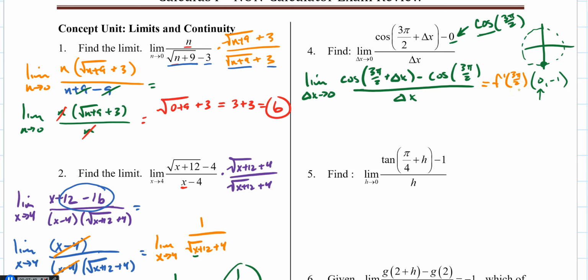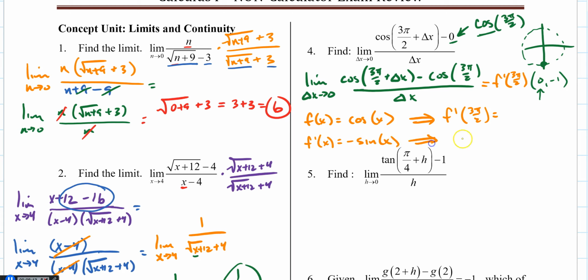So what's our function that we're dealing with? Our parent function that we're starting with is the cosine of x, and we are looking for the derivative at 3 pi over 2, which means we're looking for the derivative of cosine of x. The derivative of cosine of x is negative sine of x.